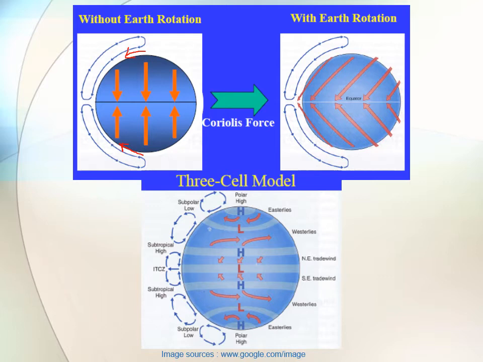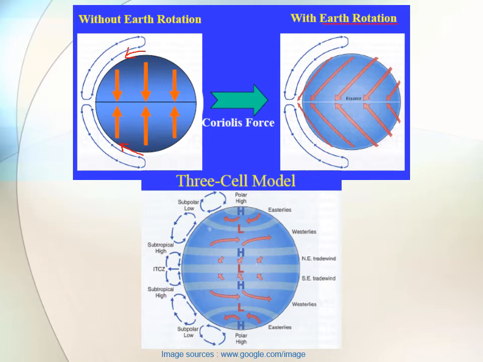So again, if we consider that earth is homogeneous and in this case earth is rotating, here again a single convection cell is found in both hemispheres, but due to the rotation of the earth, the Coriolis effect now comes into the scenario, and thereby the superficial winds are found to be deflected to the right in the northern hemisphere, whereas they are deflected to the left in the southern hemisphere.